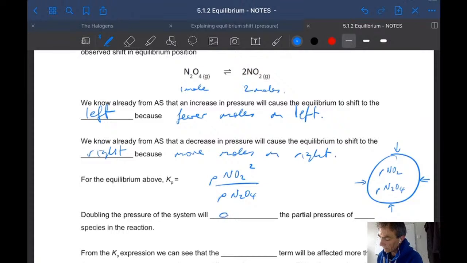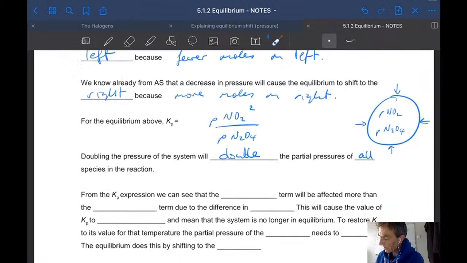It's going to double the partial pressures of all of the species in the reaction, okay? Because both of those species are actually present. So if you increase the pressure on the system, then all of the pressures will increase because they're all there, okay? Right, so here's the tricky bit coming up now.